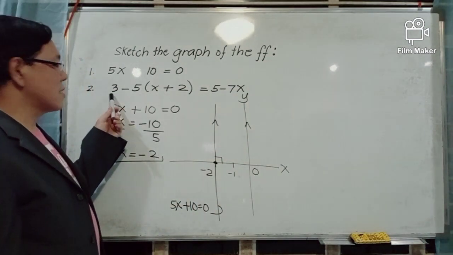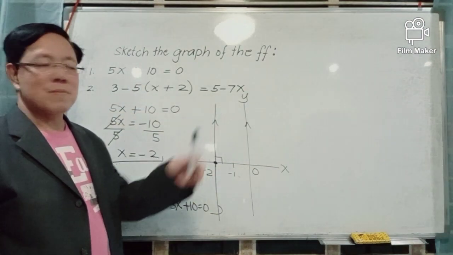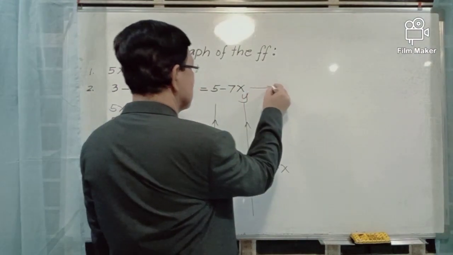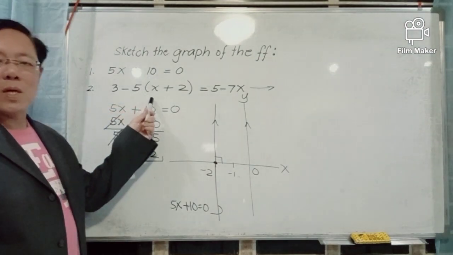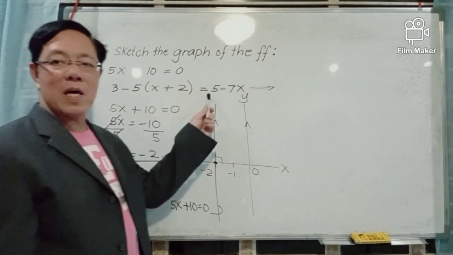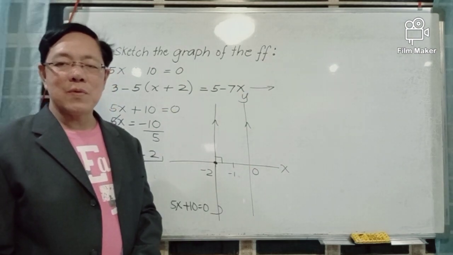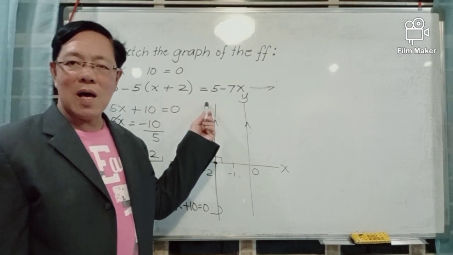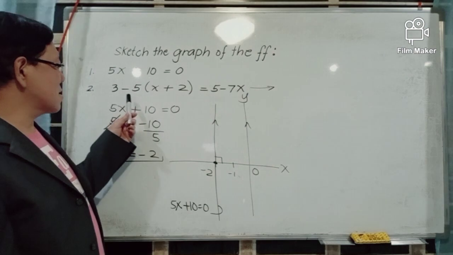Now we consider the second linear equation in only one variable x. We have 3 minus 5 times quantity x plus 2 equals 5 minus 7x. Again, the first step to sketch the graph of this linear equation in variable x is to solve the equation for the value of x.